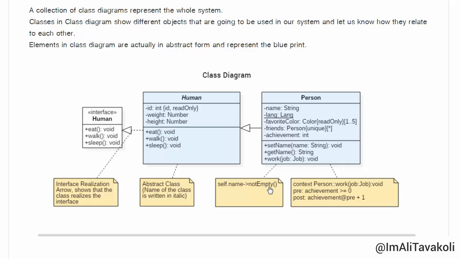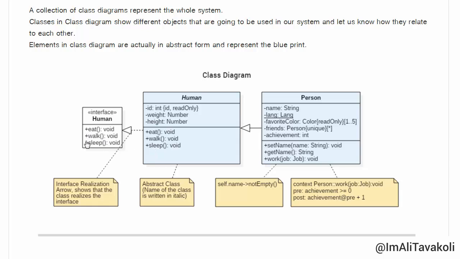Now, let's take a look at our abstract human class. To demonstrate abstract classes in class diagrams, we should write the class name in italic form. Our abstract human class has these private variables, or let me say attributes, and these public operations, which in programming languages we call methods or public functions.